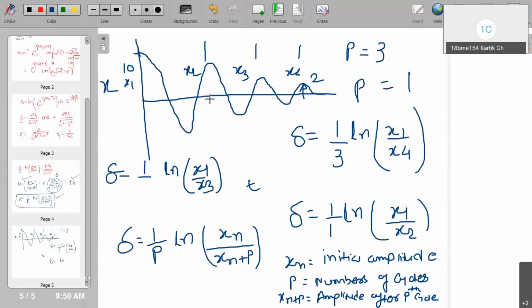P is what? Number of cycles, right? P stands for number of cycles. So x1 to x3, if I'm taking the ratio, then how many cycles? Is it clear or not? Yes, sir. So how many cycles do we need to consider here? If I take the ratio x1 to x3, then 2. Yes.